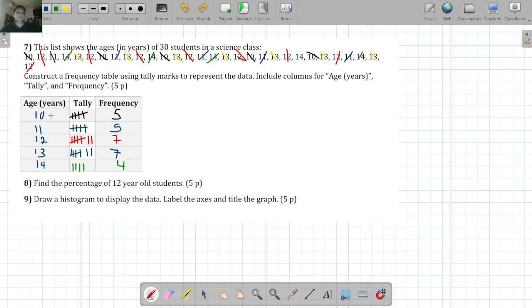Find the percentage now, number 8. In number 8, let me write in this white space, we need to find the percentage of 12-year-old students, right? So if I want to know the percentage of the 12-year-old students, first I need to know what is the 100%, all the students, right?